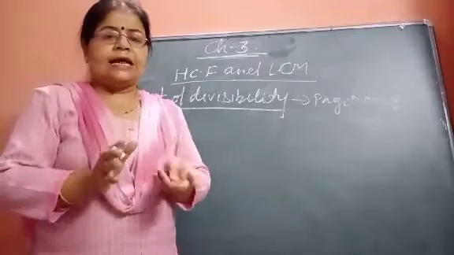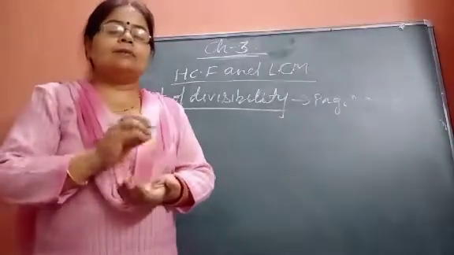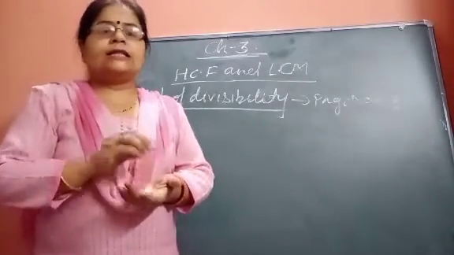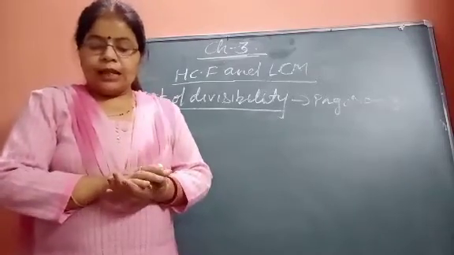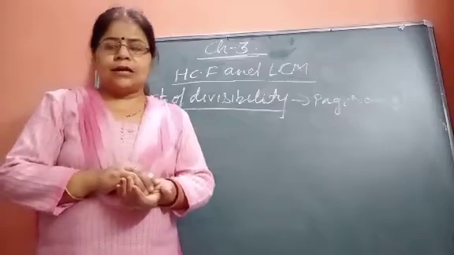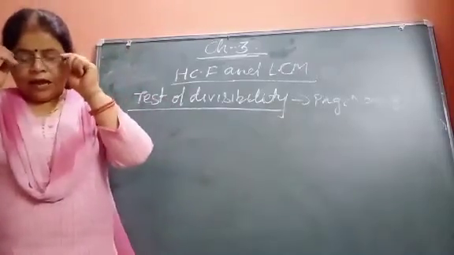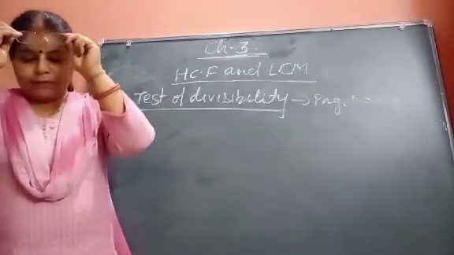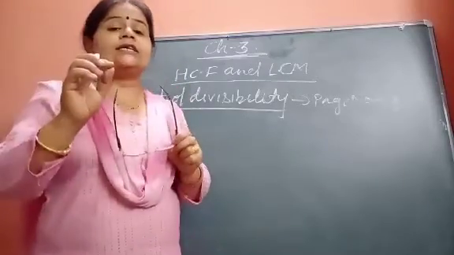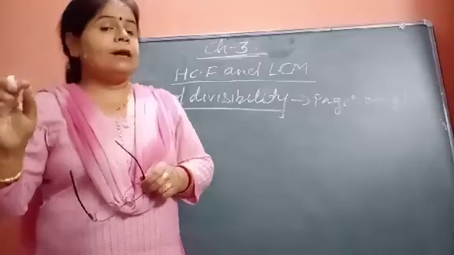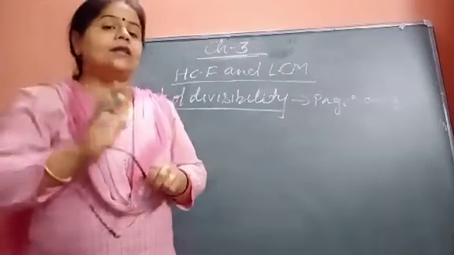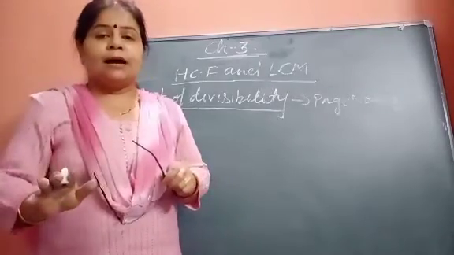Then next comes divisibility of 8. For the divisibility of 8, if the last 3 digits of the number are divisible by 8, then the whole number will be divisible by 8.